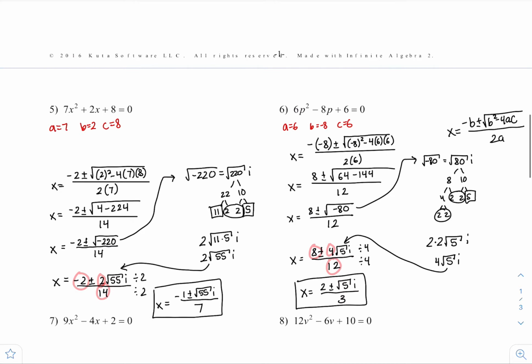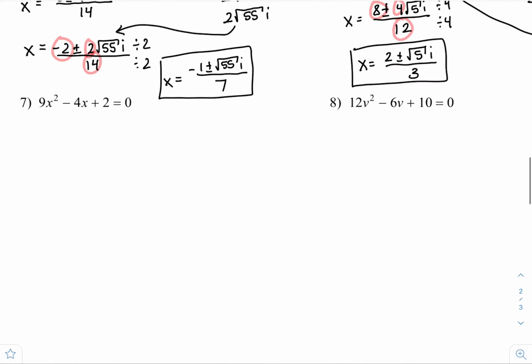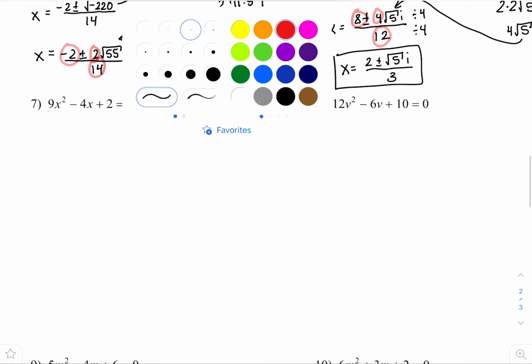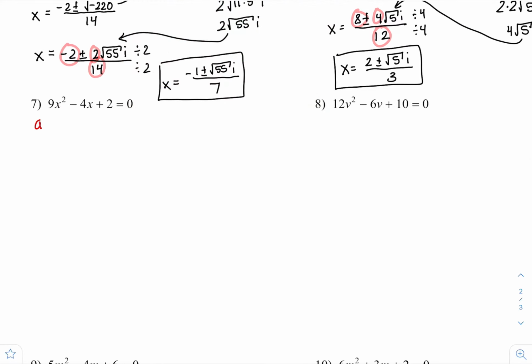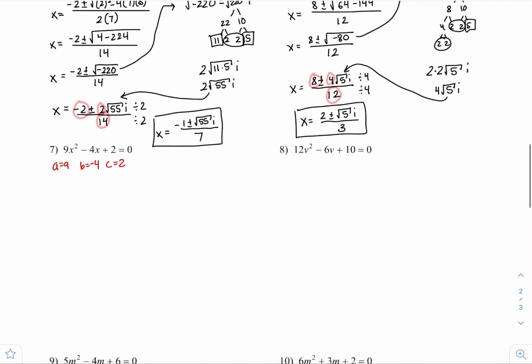Okay. Now we're on 7. So when you do number 7, a is 9, b is negative 4, and c is equal to 2.